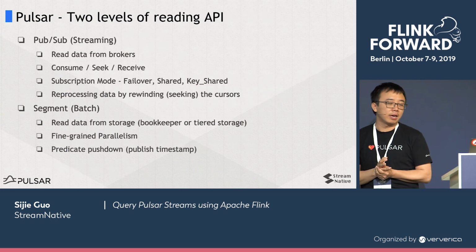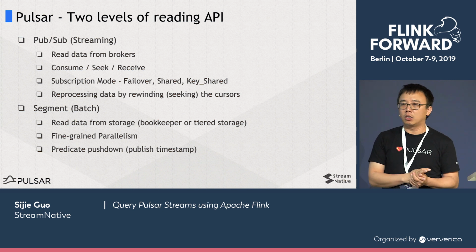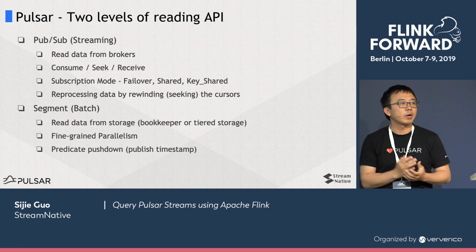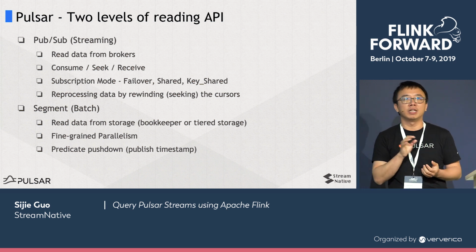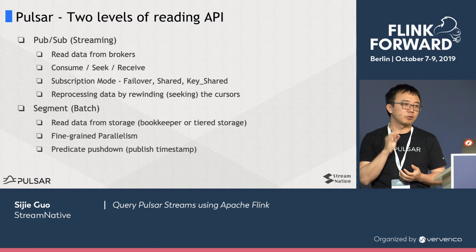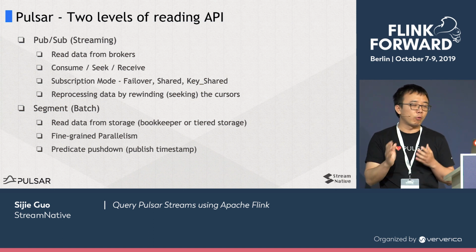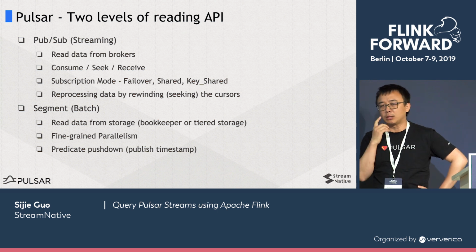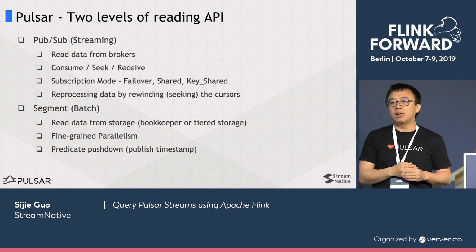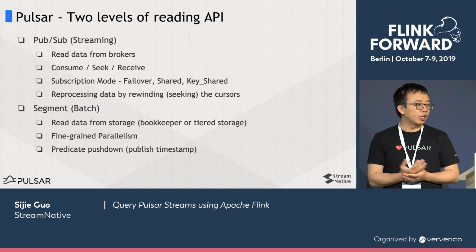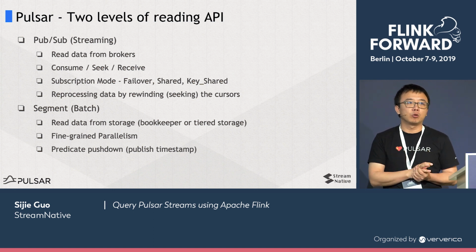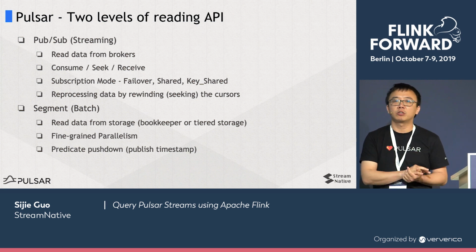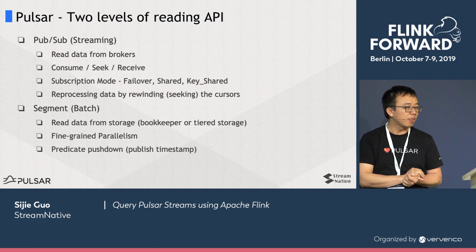The two-level APIs have their own benefits. For PubSub, you read the data directly from the broker, so it's all about latency: you can get the data as soon as it arrives in the system. And you can have different subscription modes to consume the data, like failover, shared, key shared, and you can also reprocess all the data by seeking your subscription or your reader back to a given time or given position.